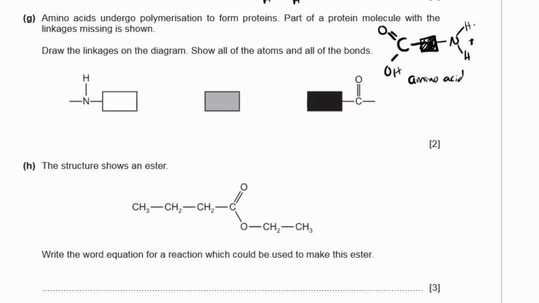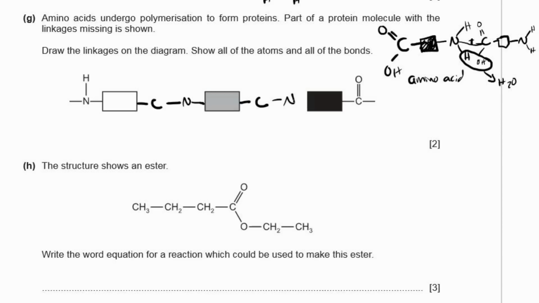If we add another one of these, it could have a different middle bit: COOH to NH2. Then these two come together and give us water, and those join together. So we have an N on this side, so we have to have a C on this side, and then an N, and if there's an N on this side, there has to be a C on this side.